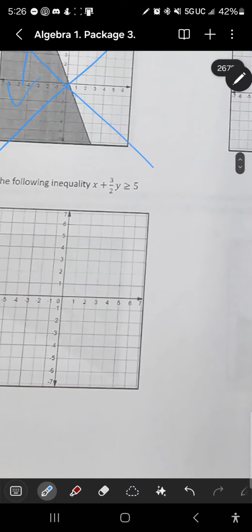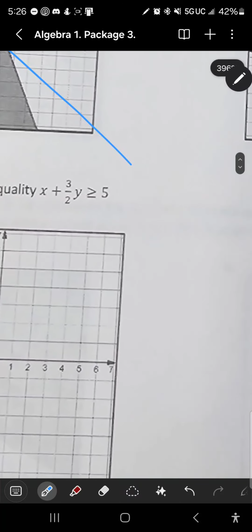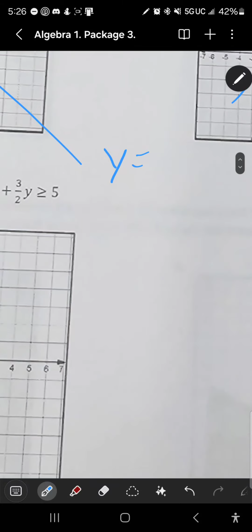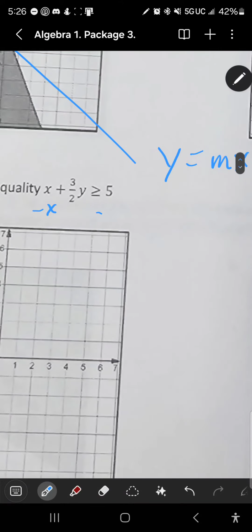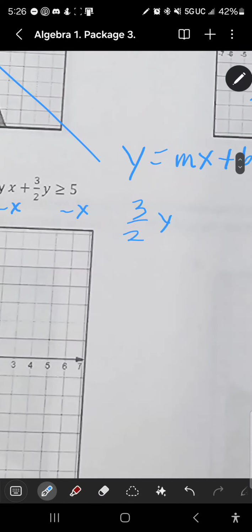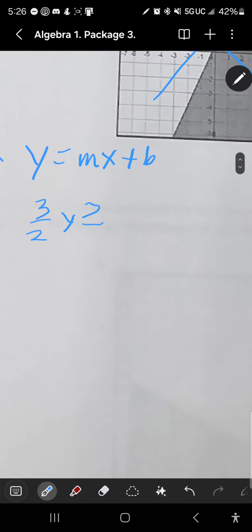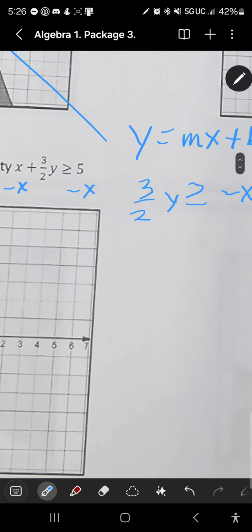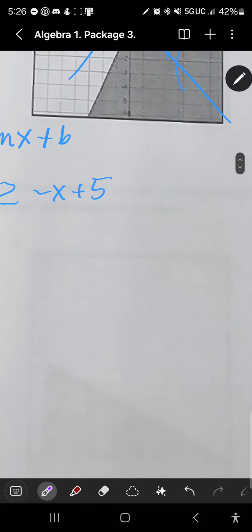So let's see. First, let's do what I just told you before. We are looking for the y-intercept form, y equals mx plus b. So let's subtract x from both sides. So we get that 3/2y is greater than or equal to negative x plus 5. And now, let's multiply both sides by 2/3, so we can cancel out here.